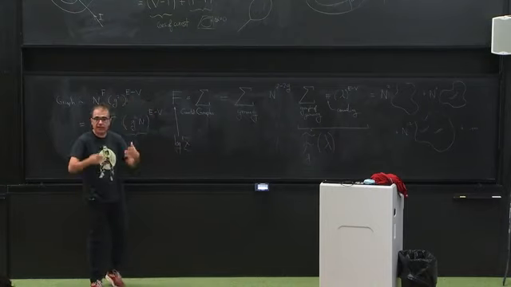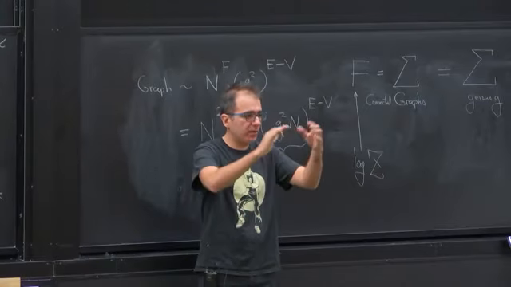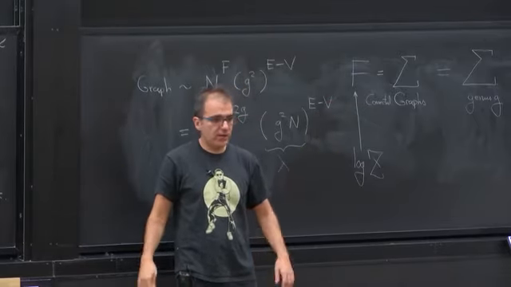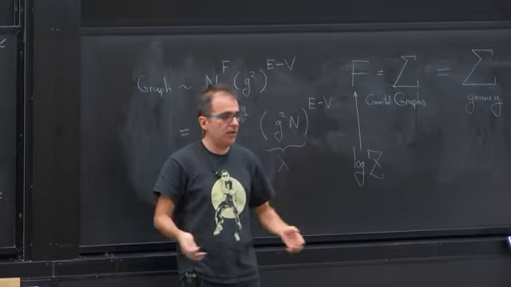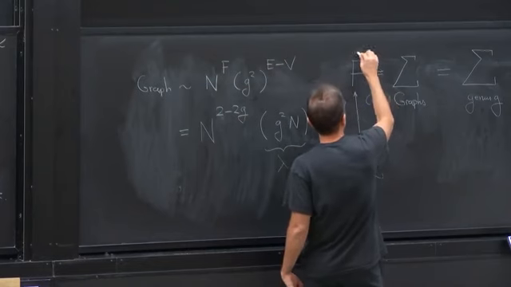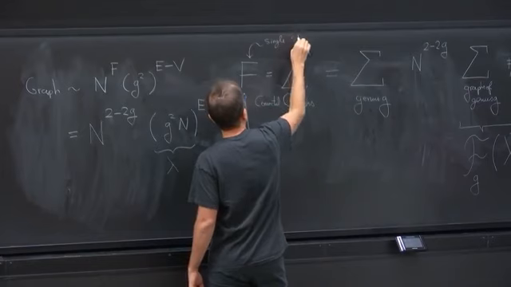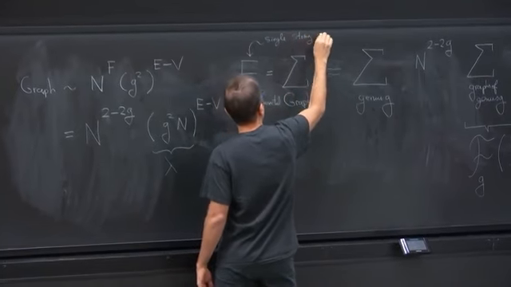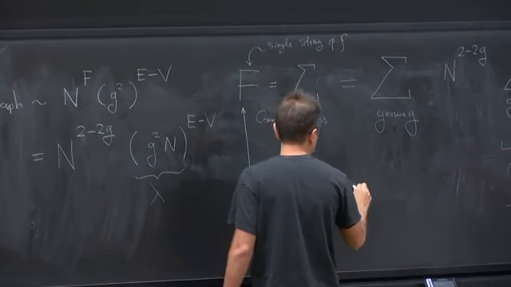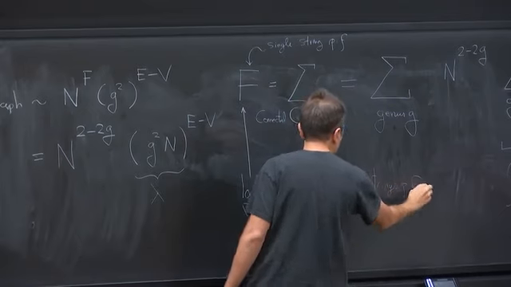So z is like a gas of strings. It has disconnected components, so it has a sum of planar graph squared, planar graph cubed, etc. And so it's really a gas of strings. And f, the free energy, is like a single string partition function, whereas z would be a gas of strings partition function.